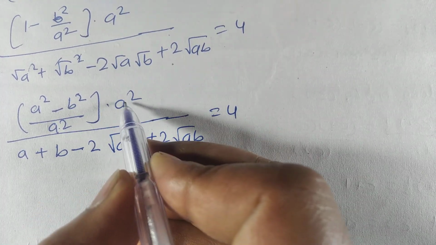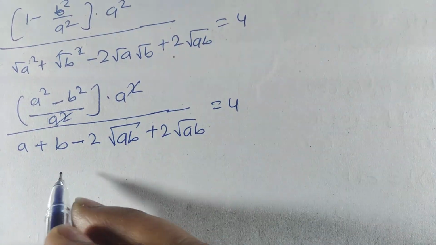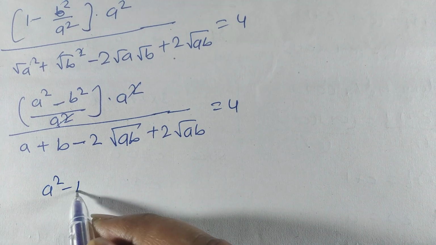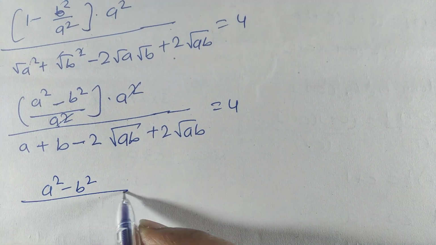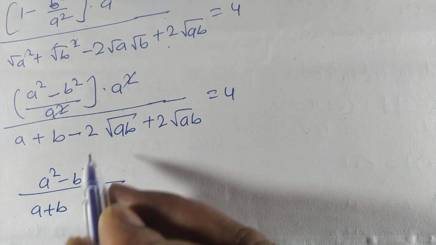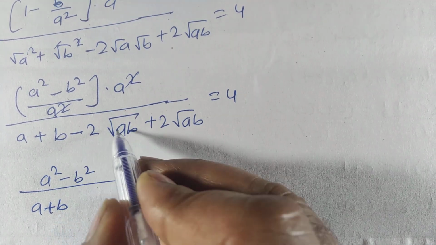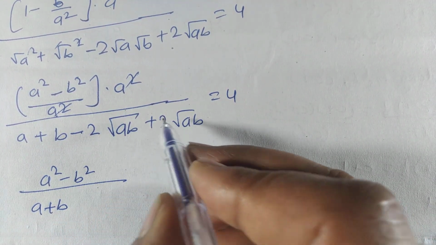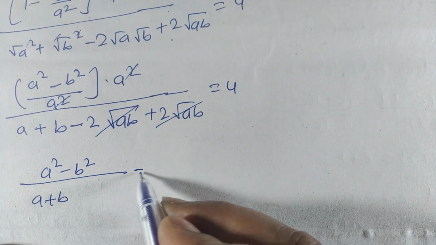This multiplied by this will be cancelled, remaining (a² − b²) / (a + b) − 2√(ab) + 2√(ab), this will be cancelled, = 4.